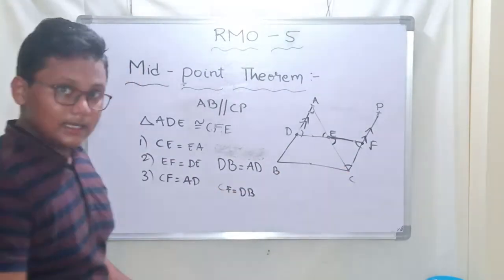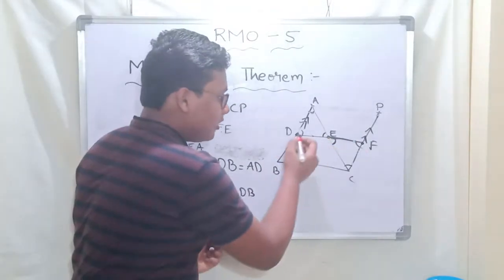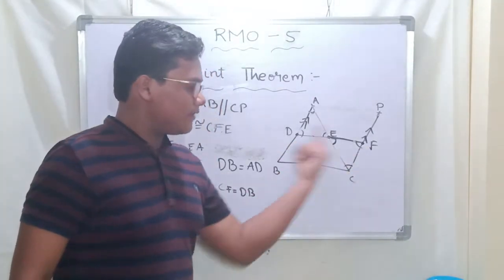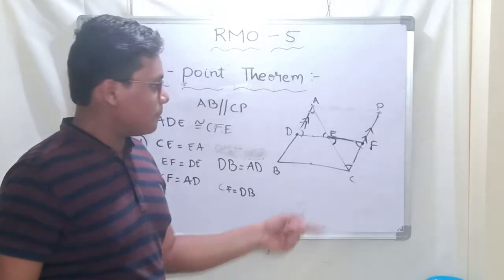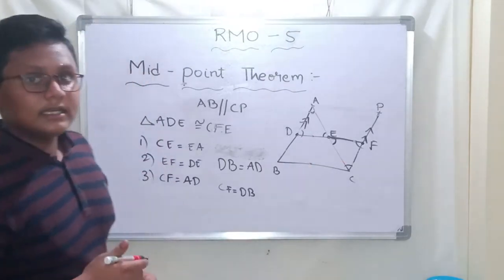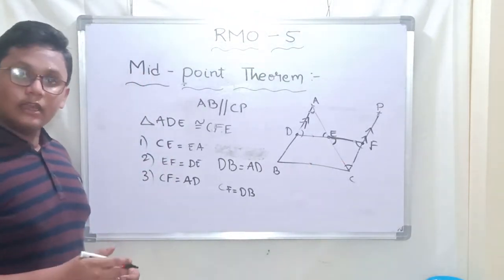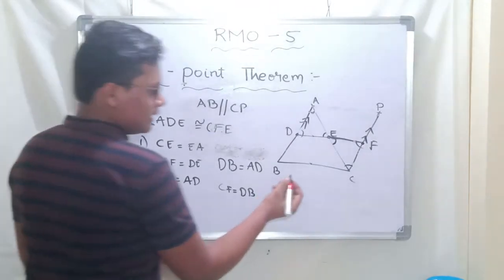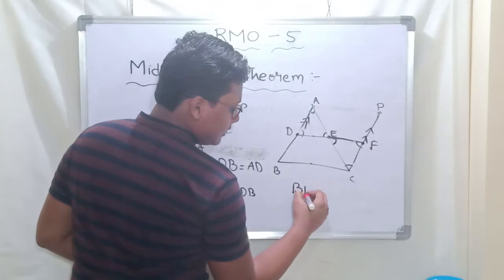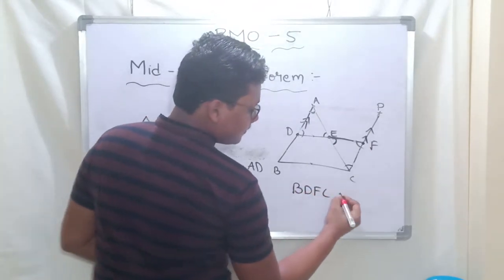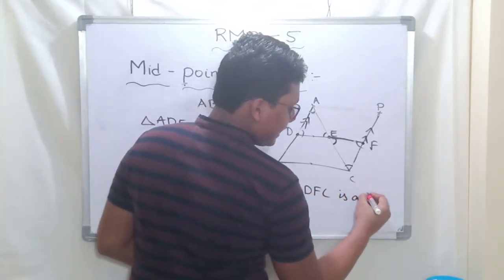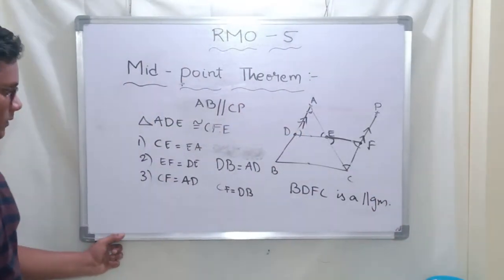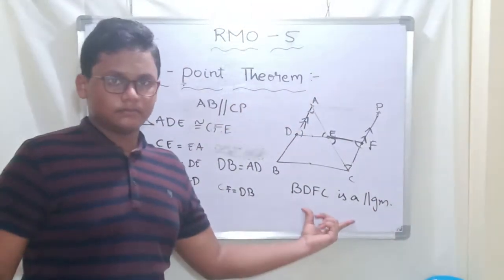It states that BDFC is a parallelogram, because opposite sides are parallel and also equal.